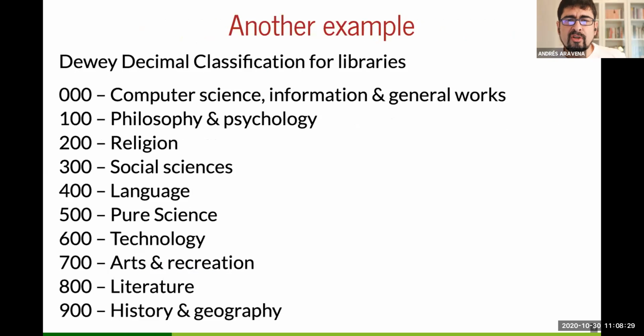The other taxonomy that people use a lot is the taxonomy of topics in books. If you go to the library, you probably notice that the books have a number. That is the Dewey Decimal Classification that essentially assigns to every topic a different number.